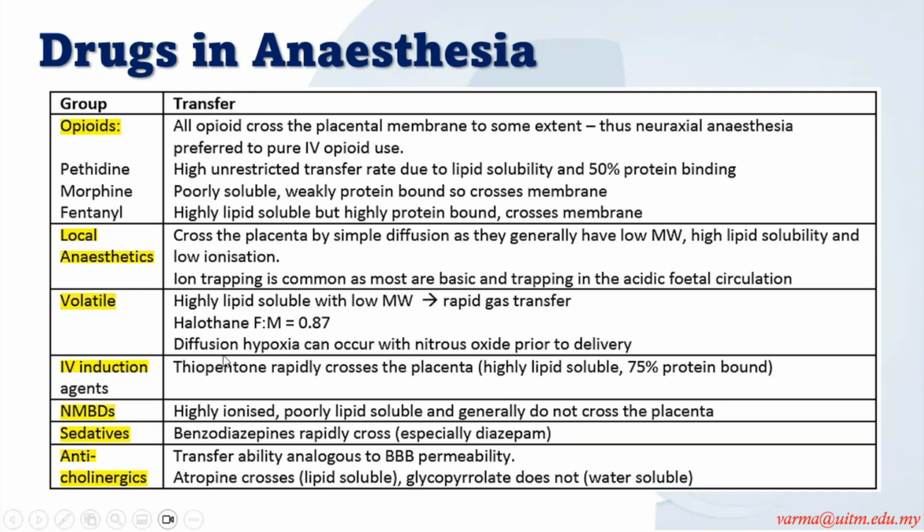So diffusion hypoxia can occur. IV induction agent, again, they're highly lipid soluble, so they can cross. Neuromuscular blocking agent, they cannot cross the placenta because they're highly ionized, poorly lipid soluble. So they generally do not cross the placenta. Actually, all the common drugs used in anesthesia can cross the placenta except neuromuscular blocking agents.